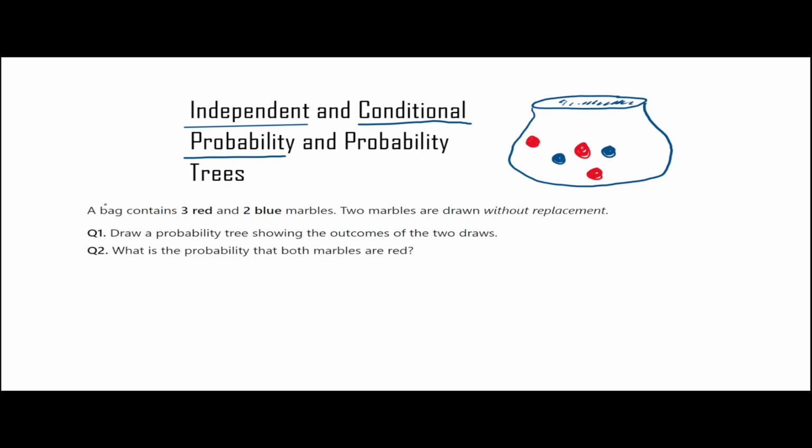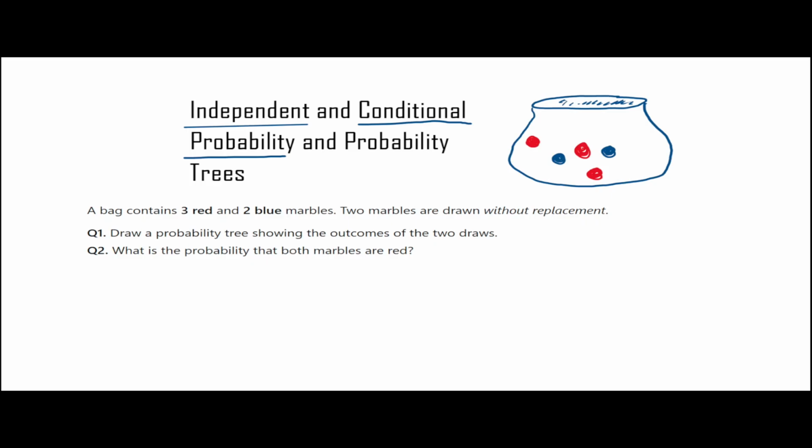So, 3 red and 2 blue marbles are put in a bag, and that's my weak artistic impression of a bag, but as you can see there are 3 red, 2 blue. Draw a probability tree showing the outcome of the 2 draws.